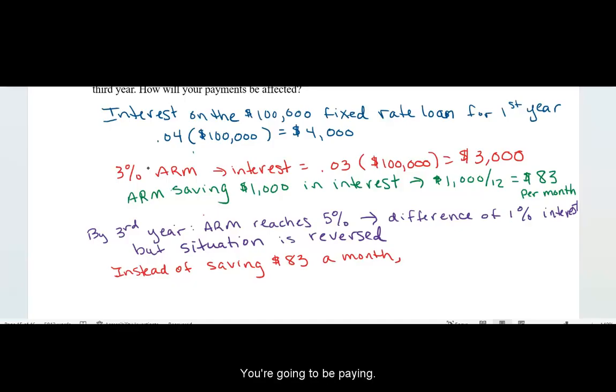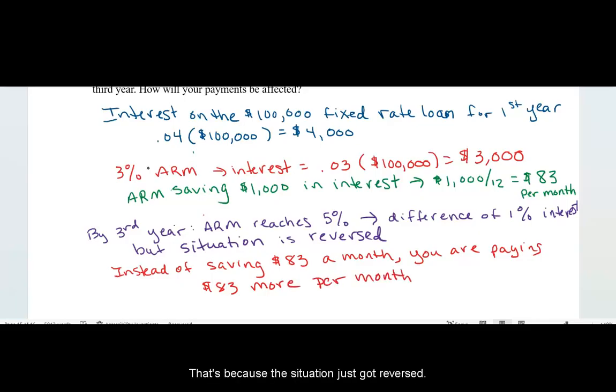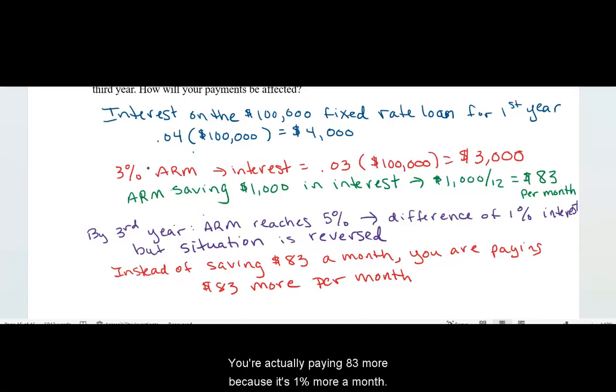Instead of saving $83 a month, you are paying $83 more per month. And think about that. That's because the situation just got reversed. So you're not saving 83, you're actually paying 83 more because it's 1% more. Okay?